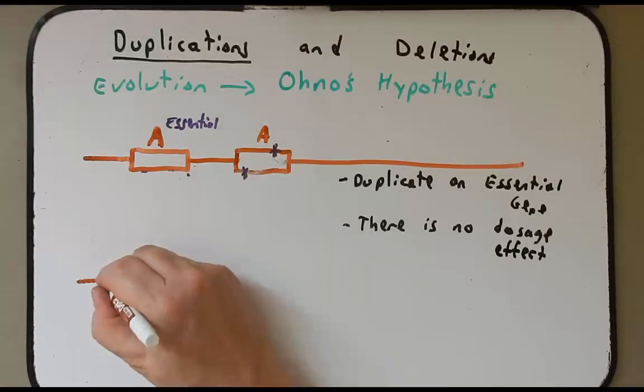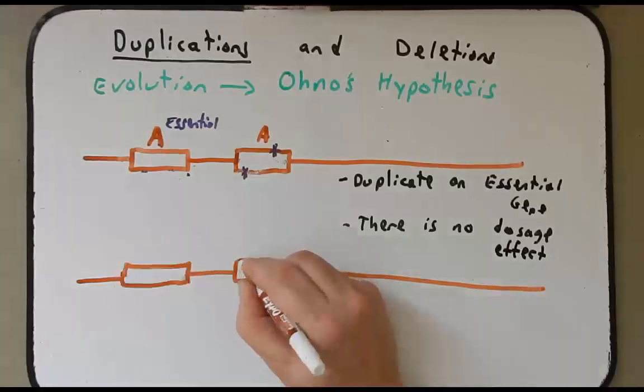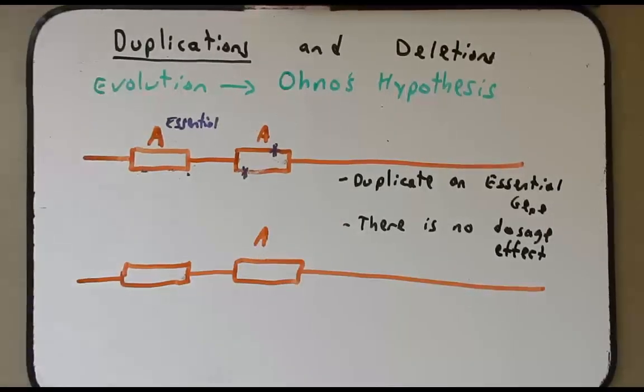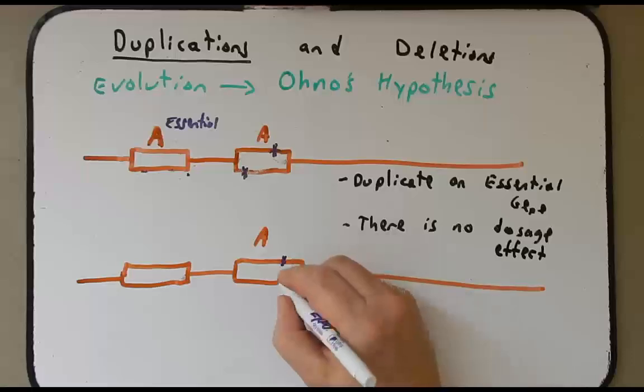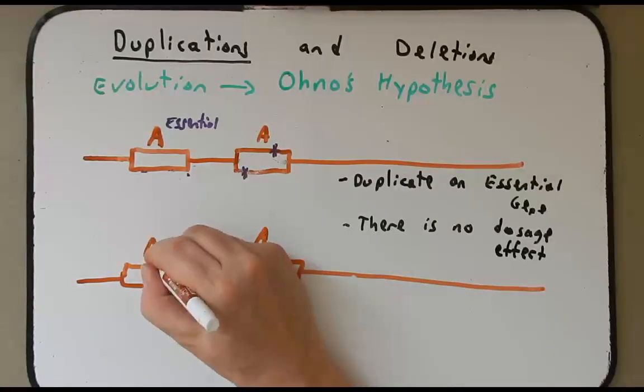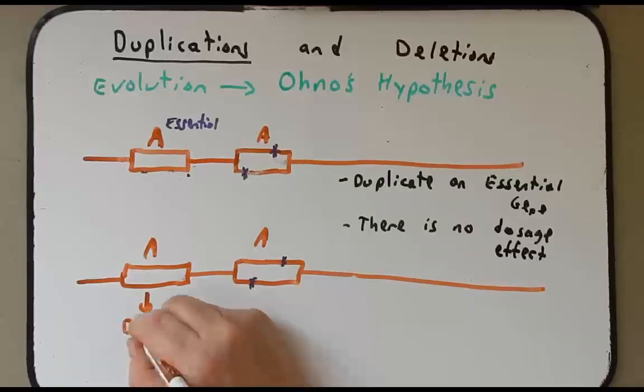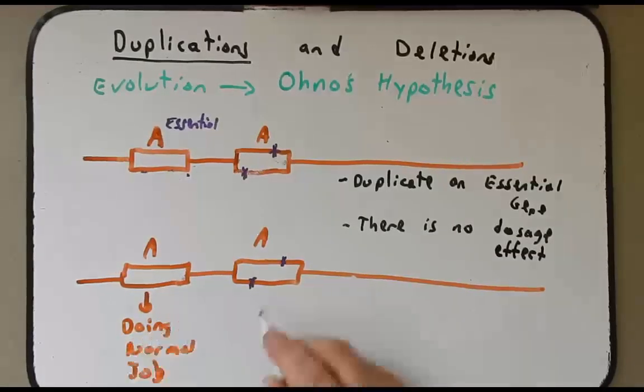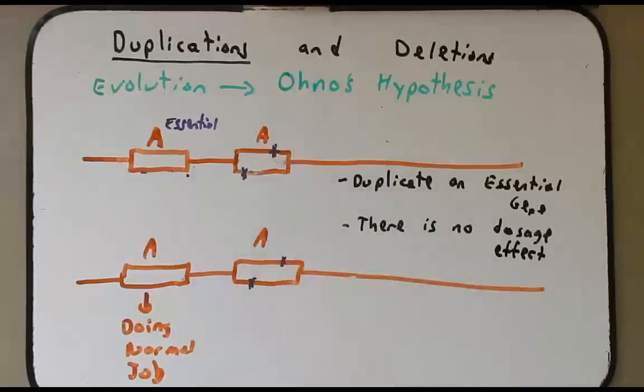What can happen is, at some point, this gene A here has gained what we might consider to be advantageous mutations. And while this gene A here is still doing its normal job, this gene here has gained these mutations.